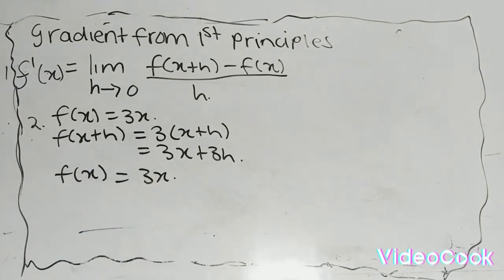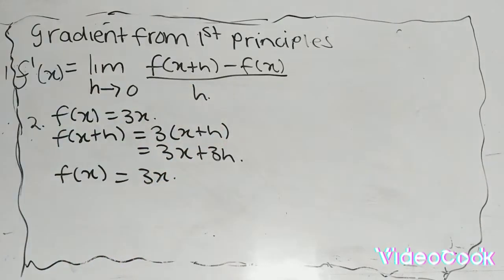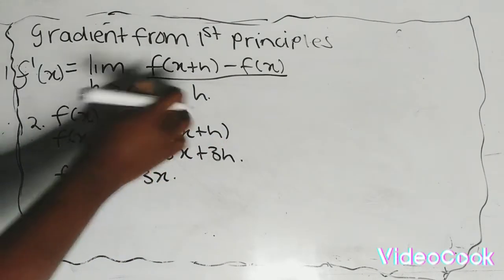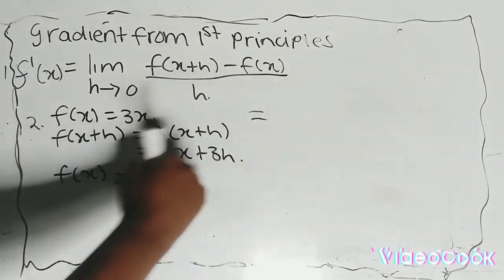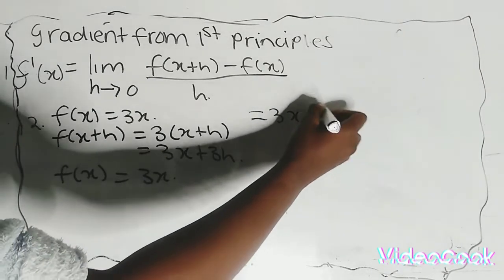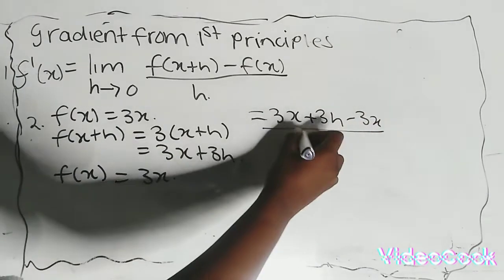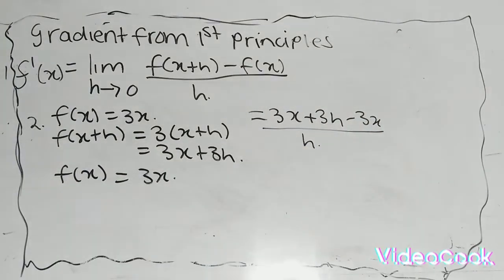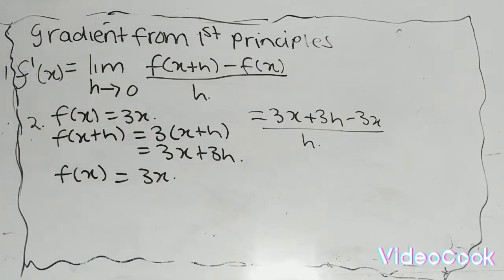So after that, the next step, we are injecting these two in our formula there. So it's going to be equal to, in place of f of x plus h, we're just going to write 3x plus 3h minus 3x all divided by h, like that. And I mustn't forget to write lim h to 0 like that.